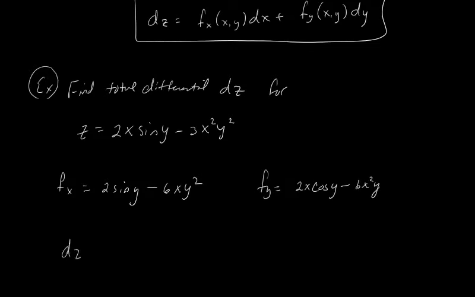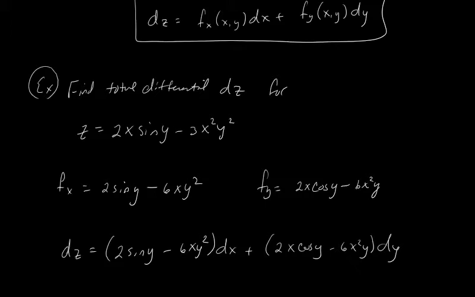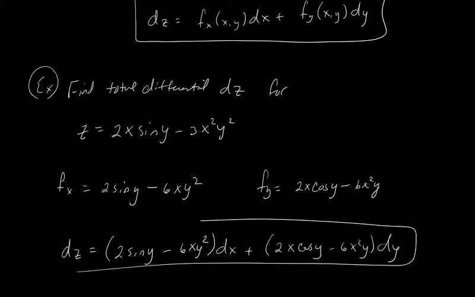So then our total differential is equal to (2 sine y minus 6xy squared) dx plus (2x cosine y minus 6x squared y) dy. Okay, so that's the total differential.